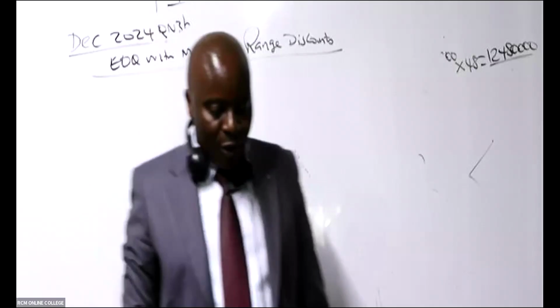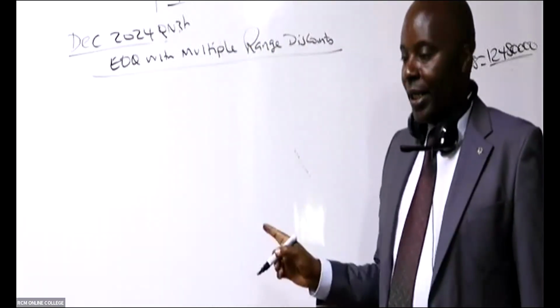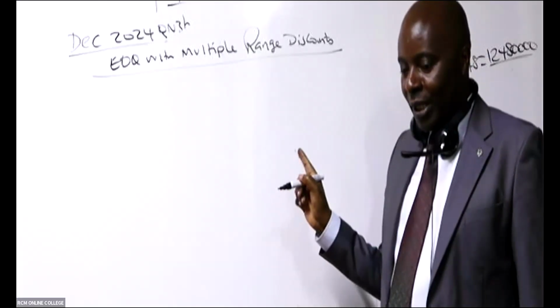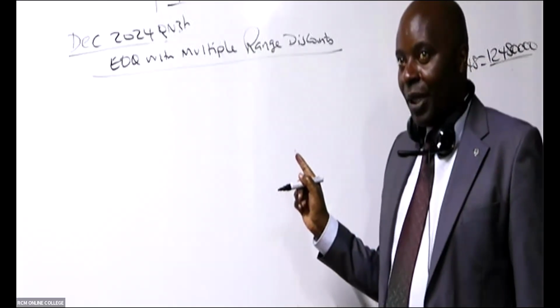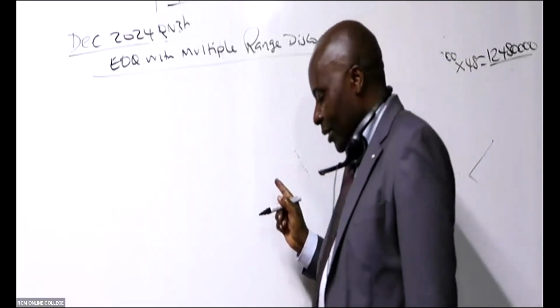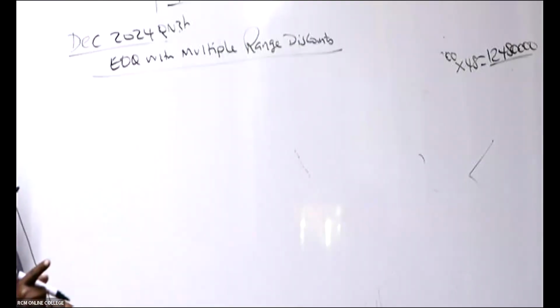EOQ stands for economic order quantity with multiple range discounts. They brought this in 2025, April, and it really disturbed our students, those students who are not very serious. Otherwise, if you are serious, this is a very simple thing.